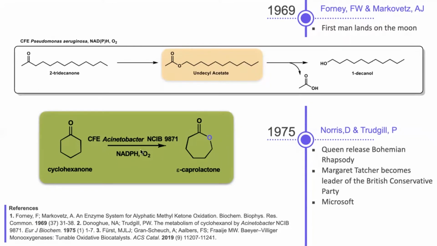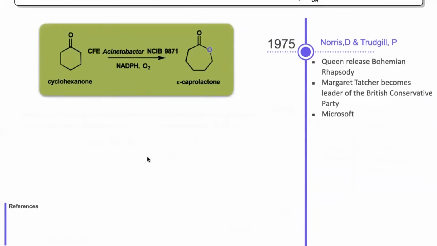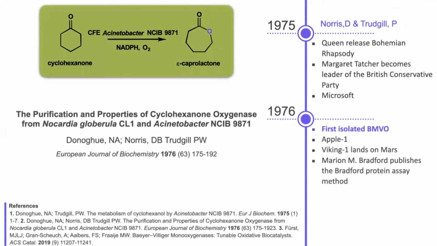And they also observed that they could perform this reaction only in the presence of NADPH and oxygen. A year later, they managed to isolate the enzyme responsible for this reaction, which they called cyclohexanone oxygenase, the well-known CHMO, which is the short term used for this enzyme nowadays.